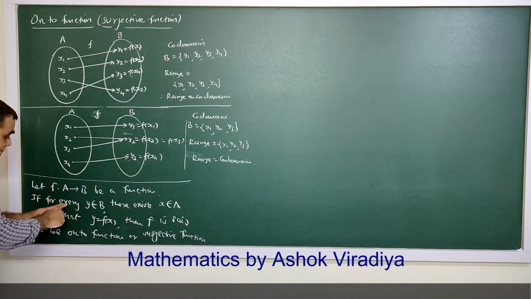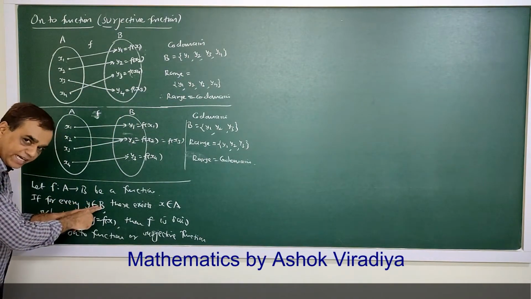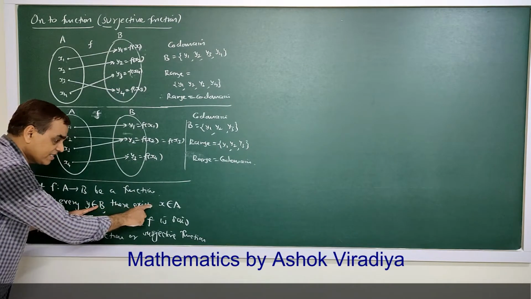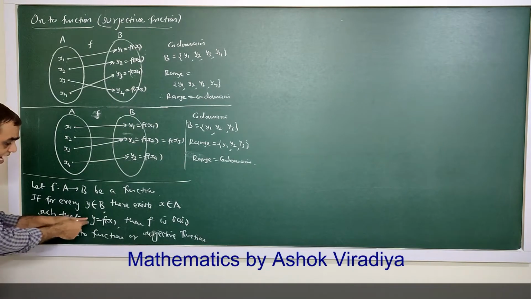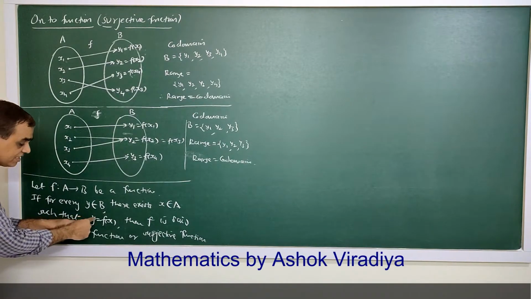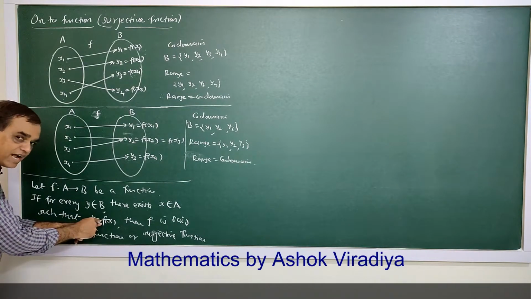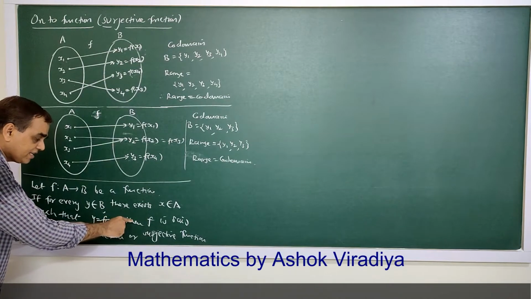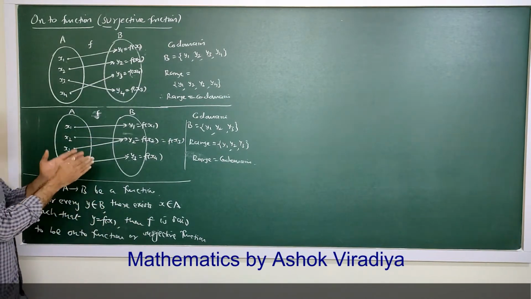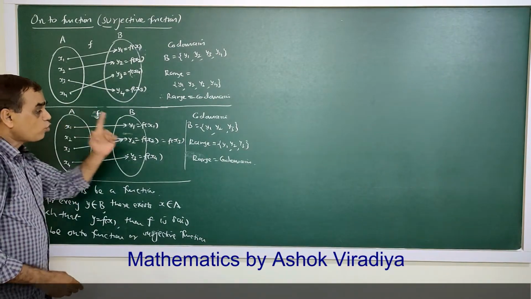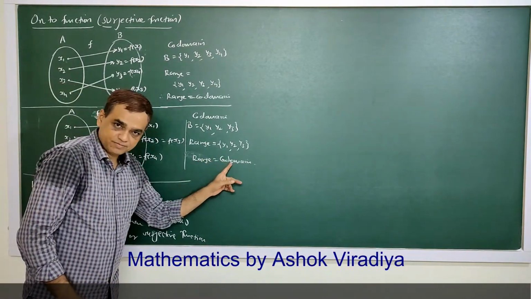So when for every element of codomain there exists an input in domain such that every element of Y is the image of some X under F, that happens only when range and codomain are equal.